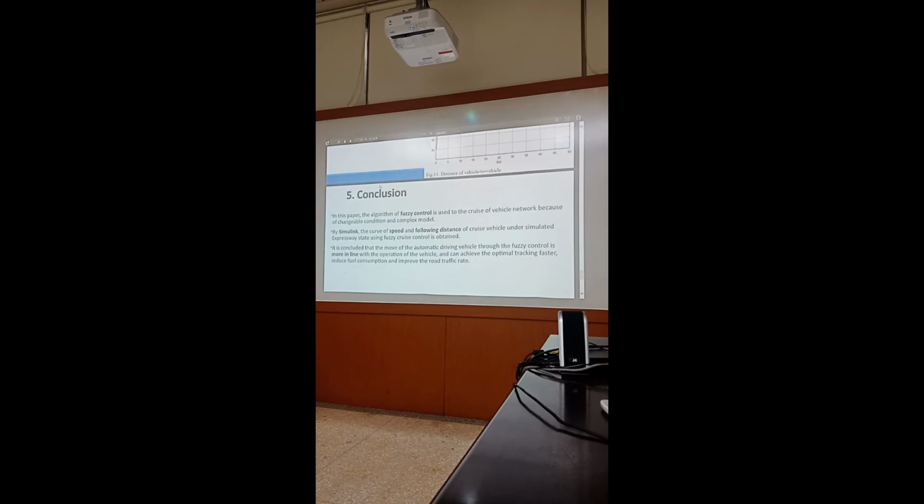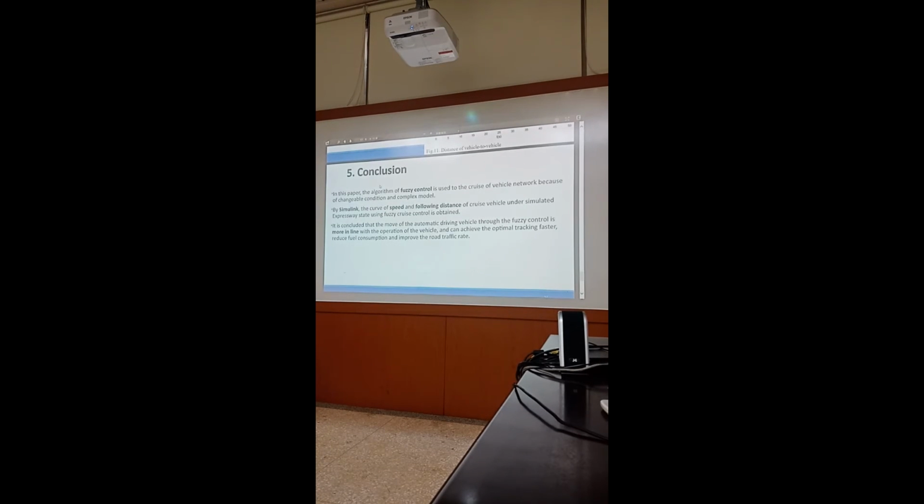So the conclusion is, with the fuzzy inference system, we can make the automatic driving vehicle adapt to the environment and use the fuzzy inference system for cruise control, adaptive cruise control, for the sake of safety and economical fuel consumption.